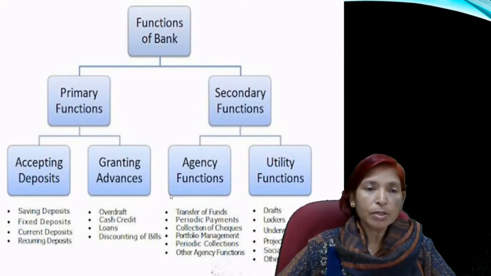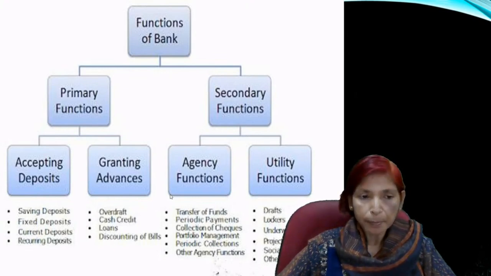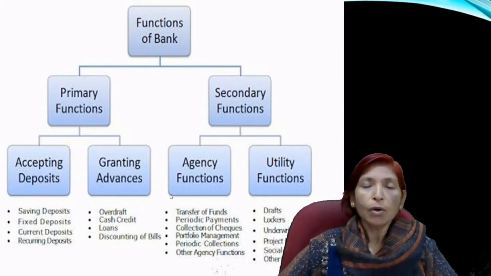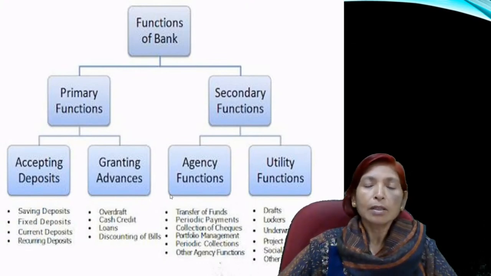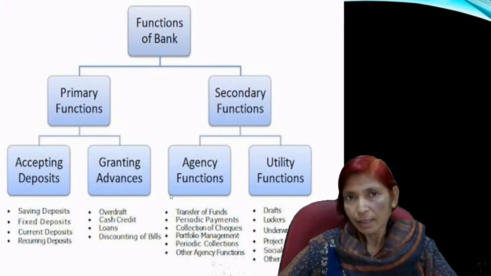In accepting deposits, the bank can accept deposits from savers or lenders, like savings deposits, current deposits, fixed deposits, and recurring deposits. Granting loans and advance facilities includes overdraft facility, cash credit, loans, and discounting of bills.